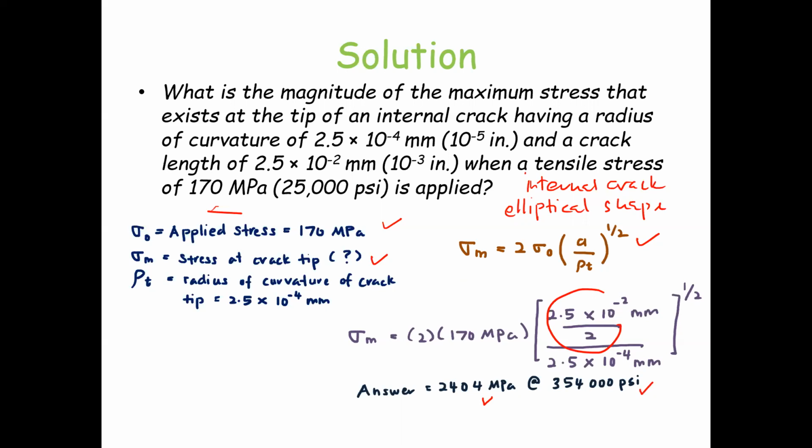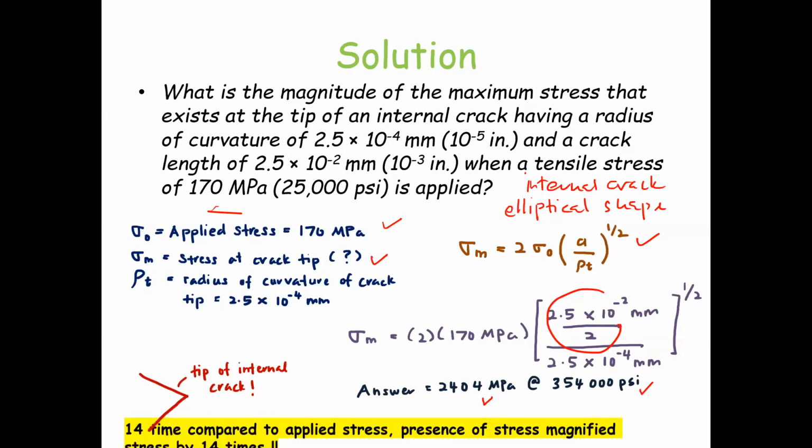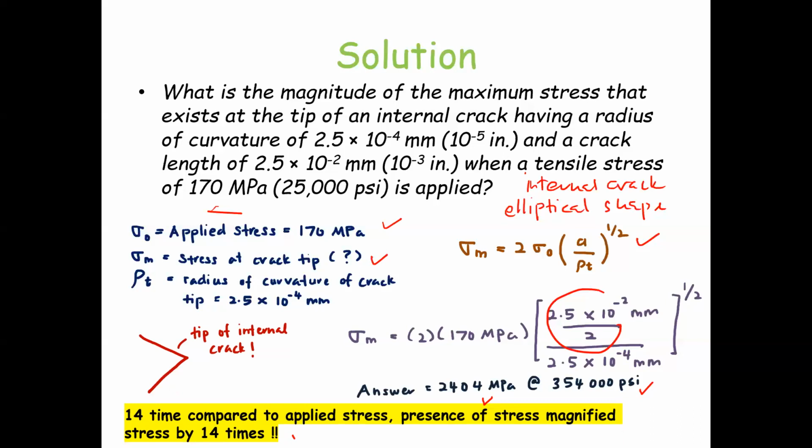So we can see that the stress at the tip of the internal crack is 14 times compared to the stress that we applied, and this is an indication that the presence of the flaw magnified the stress by 14 times.